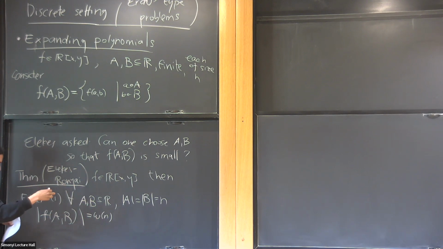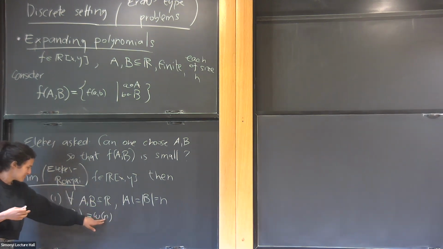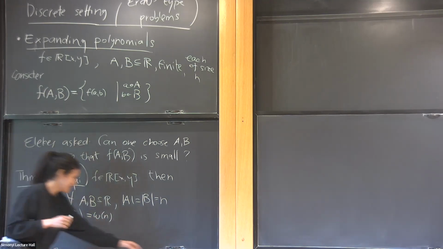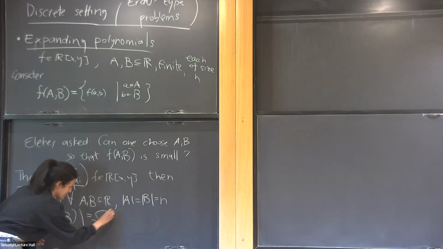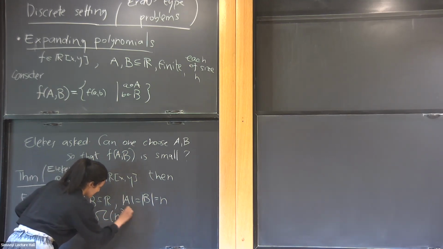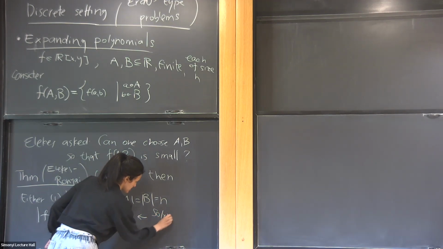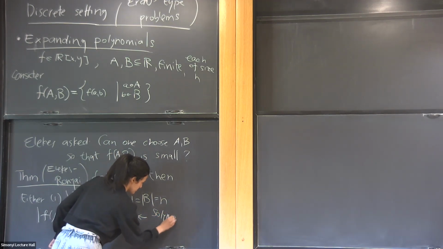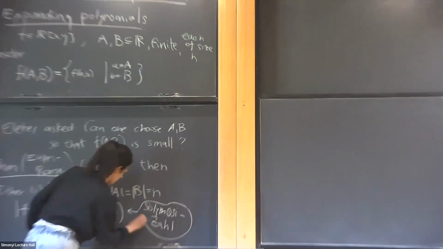Later it was improved in a paper of myself, Shmerkin, and Sharer to n to the 4/3, and recently the best bound now is n to the 3/2, by Shmerkin. We improve the exponent to n to the 3/2.